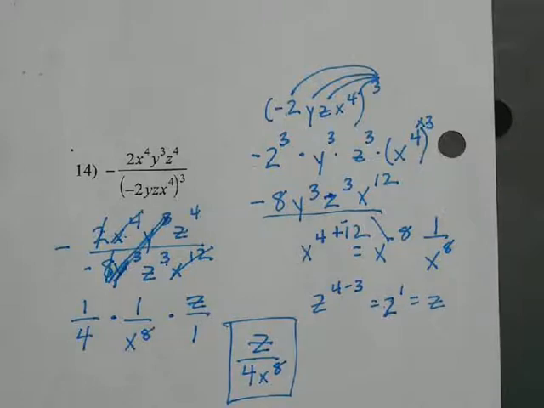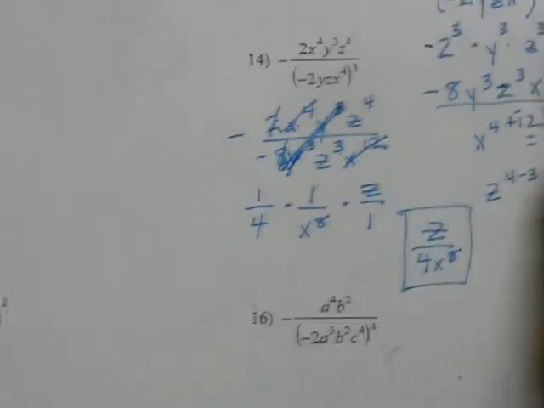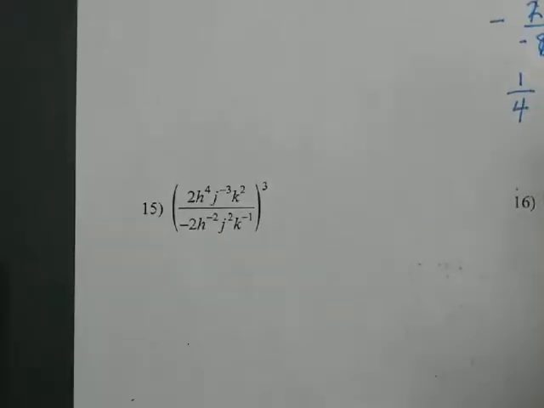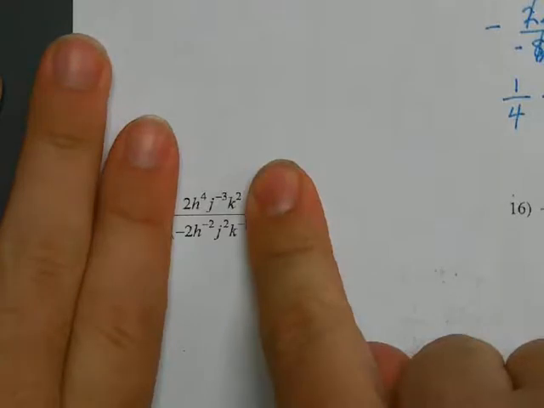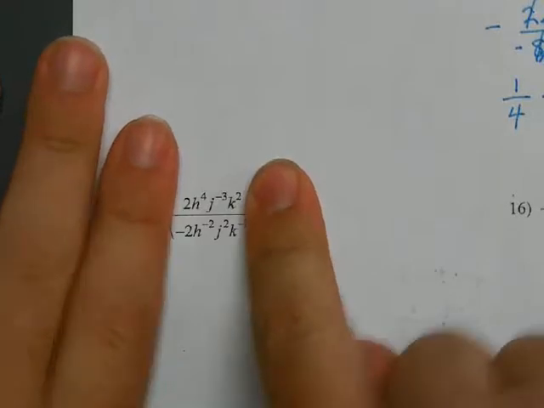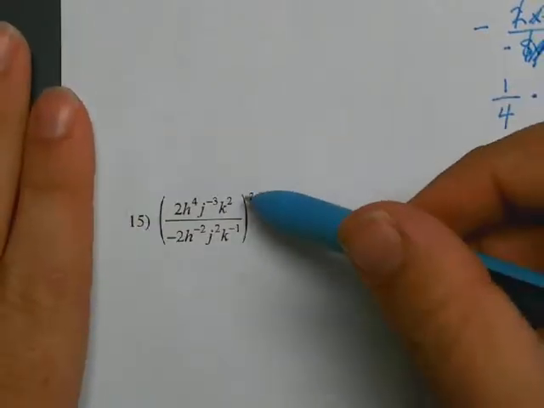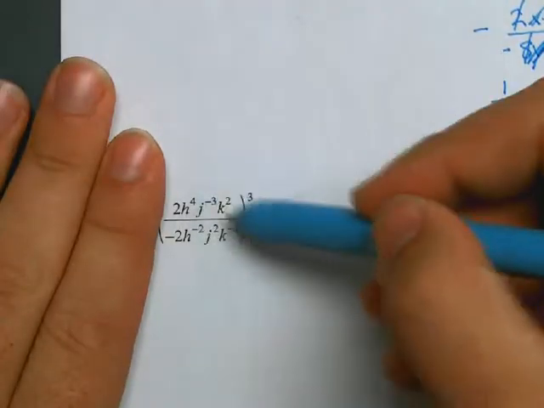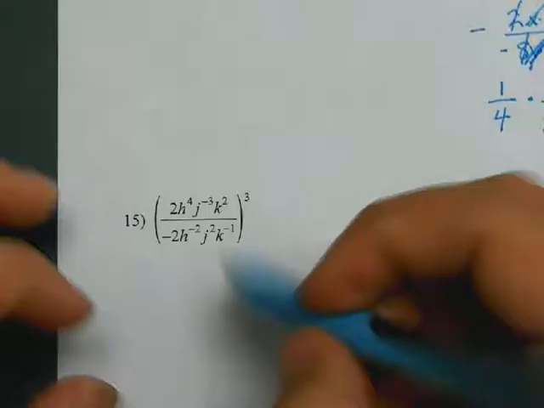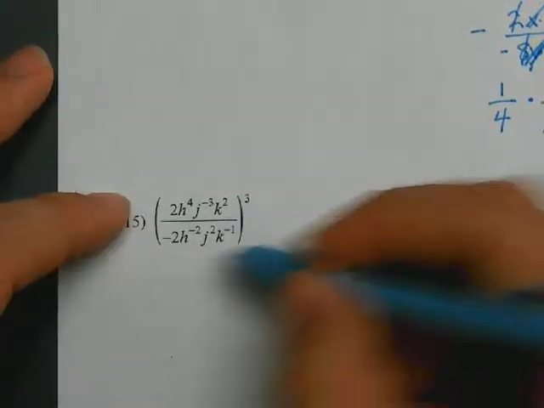Okay. Now, just to look at 15, I'm not going to work it, but I'm going to help you out with a hint here. Ignore the cube and simplify first. Once you simplify, then add on the cube later. So I would work it all out, and then at the end I would cube what I have simplified it to, raising each factor to the power.